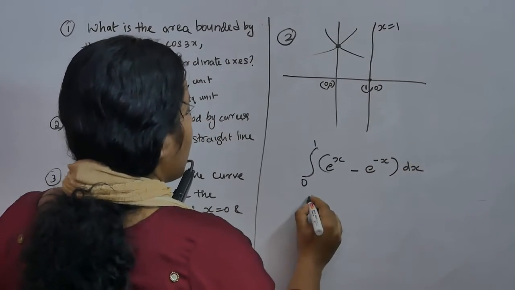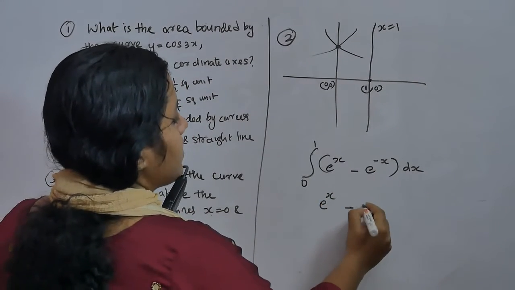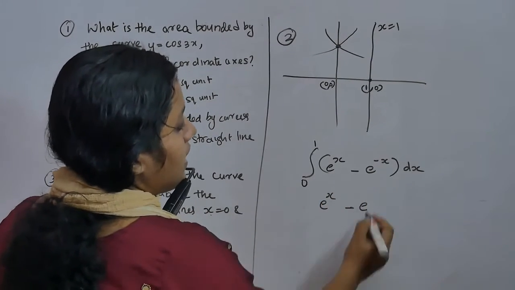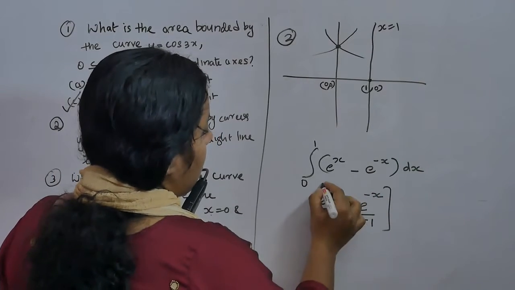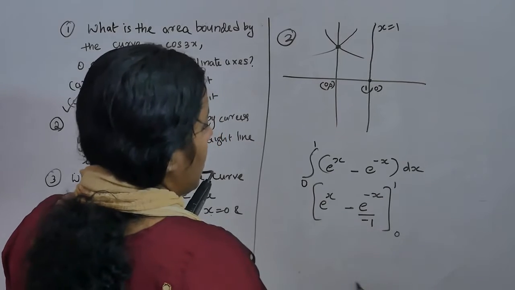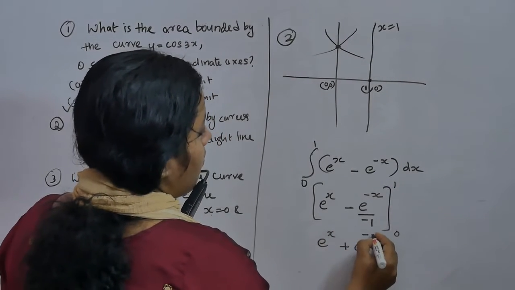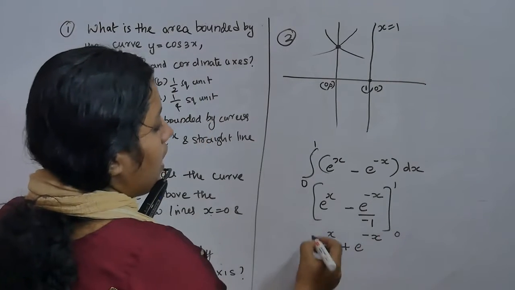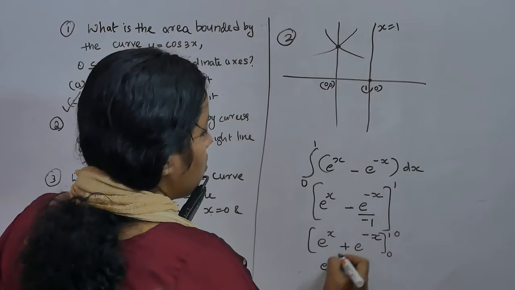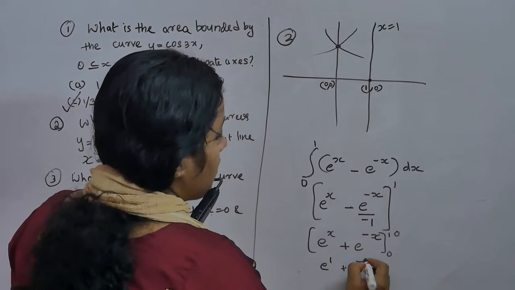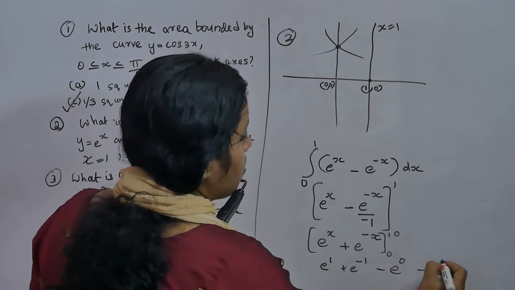The integral of e raised to x is e raised to x, minus the integral of e raised to minus x, which is e raised to minus x divided by minus 1, from 0 to 1. So e raised to x plus e raised to minus x from 0 to 1, that is e raised to 1 plus e raised to minus 1 minus e raised to 0 minus e raised to 0.